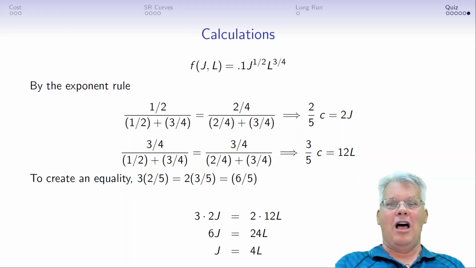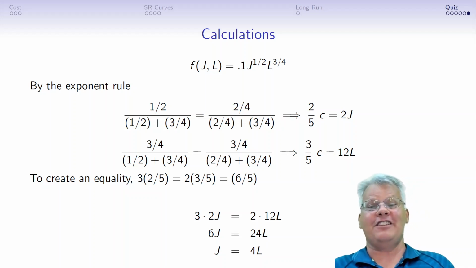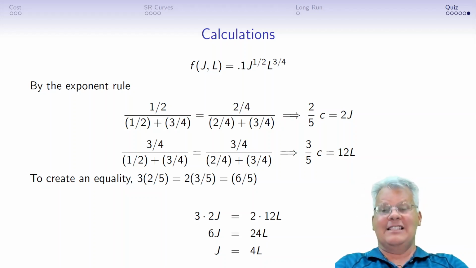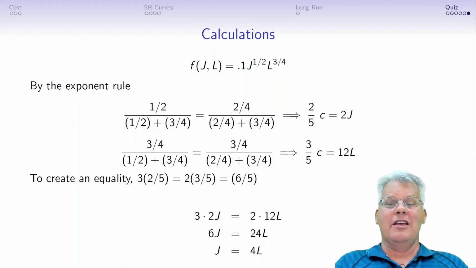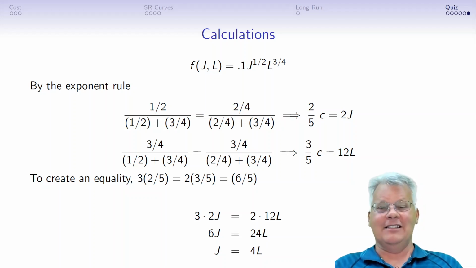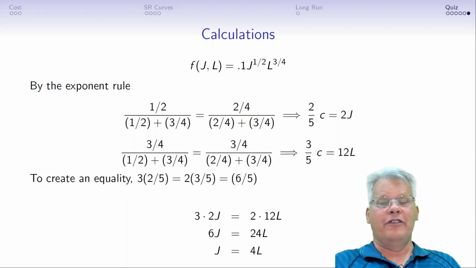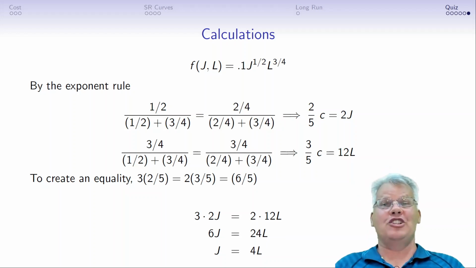If I multiply the labor cost by 2, that also gives me 6/5. If I set those two equal, I find that J must equal 4L. What that means is for each hour of labor he purchases 4 old jokes. So that'll do it for chapter 22.